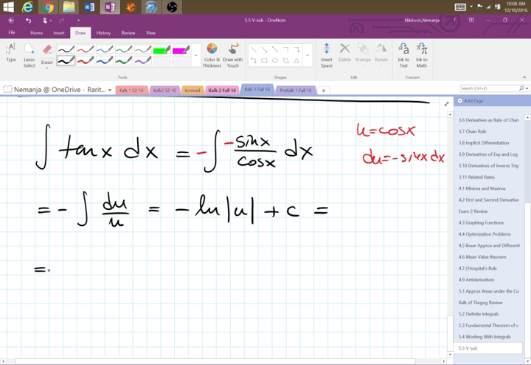Now I don't care about u, I care about x, which means bring back the x. This negative 1 can go in as the exponent of cosine.